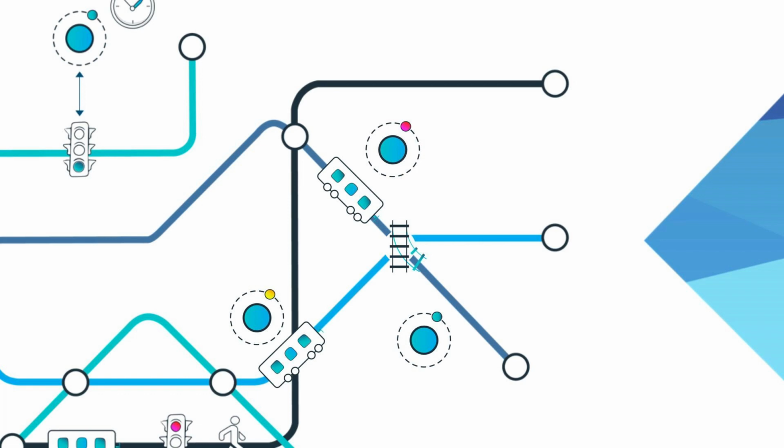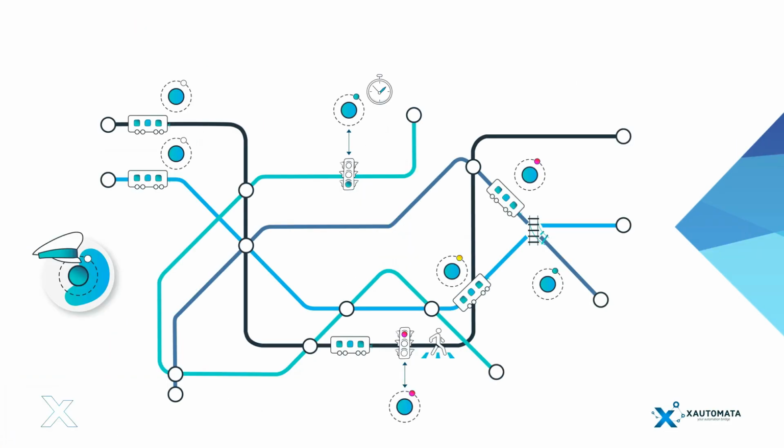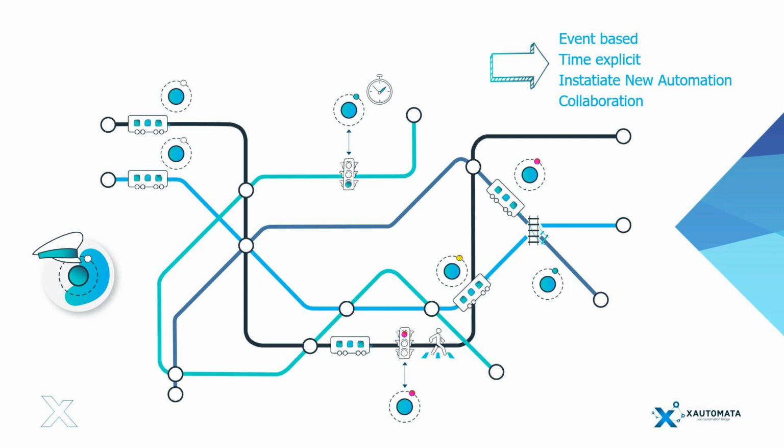In this scenario, there is a second train that knows the position of all other trains and the state of the crossing. The second train decides accordingly in order to reach the crossing only when it is safe to do so. In summary, Xautomata leverages 4 key pillars: event-based actions, explicit time metrics, instantiating new automata, and automata collaboration.